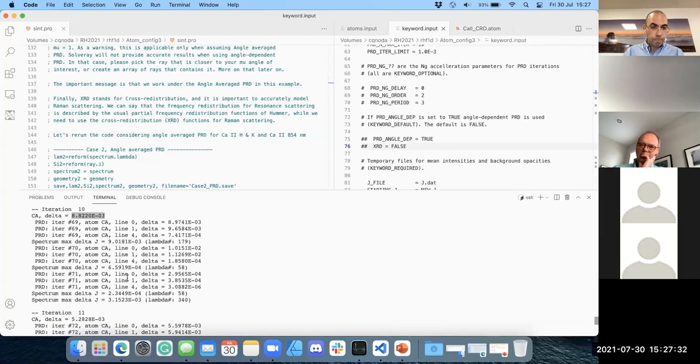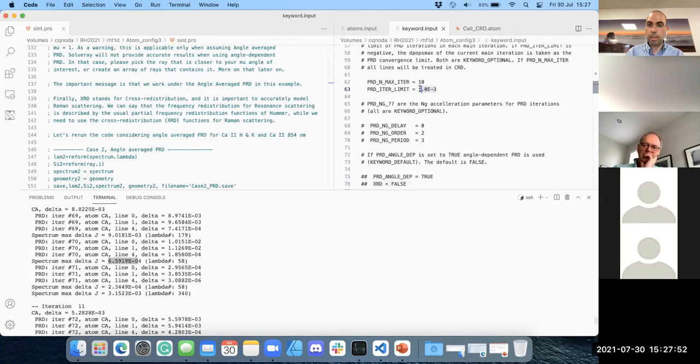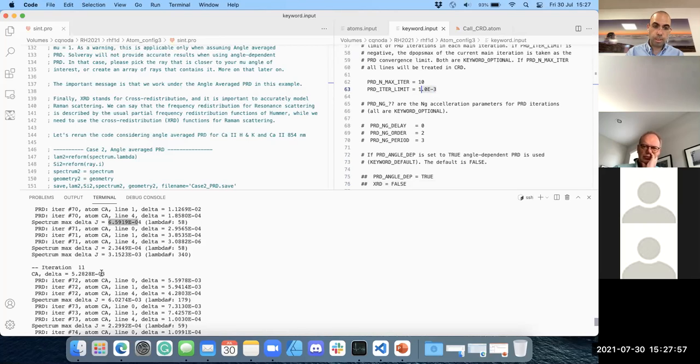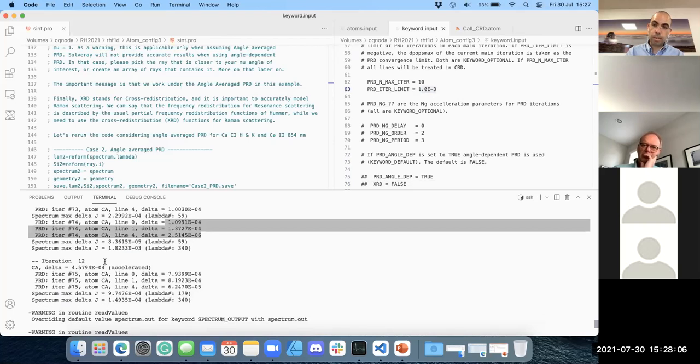So then, in every loop of the PRD, you are obtaining the emergent spectrum, and then the code is checking. In this case it was 9 times 10 to the minus 3. So then it tries to iterate again, and now it's 6 times 10 to the minus 4. That is lower than the limit that we ask. So then we finish here, we solve the statistical equilibrium equations, we enter again in the loop, we reach the convergence for the 3 transitions that we are solving in PRD, and then we run again the non-LTE.